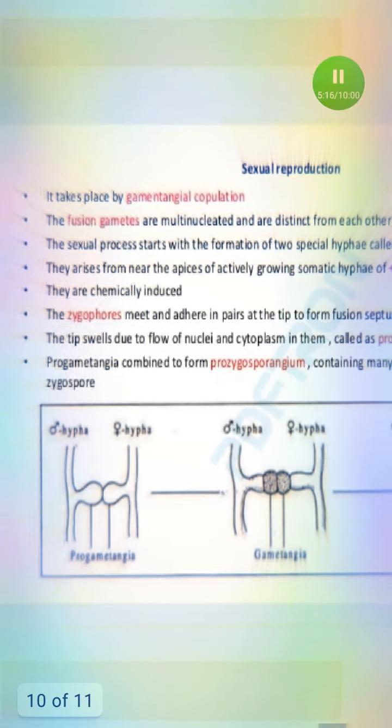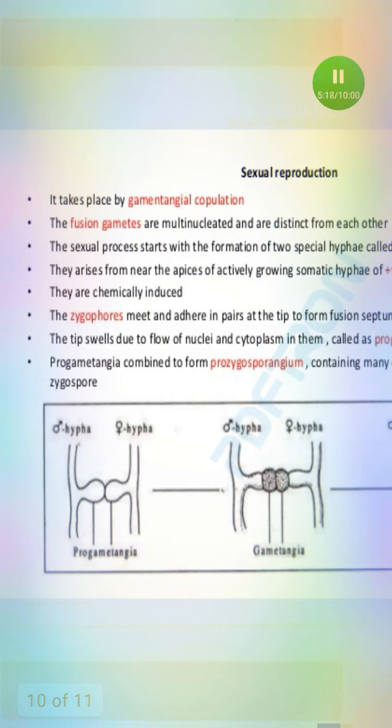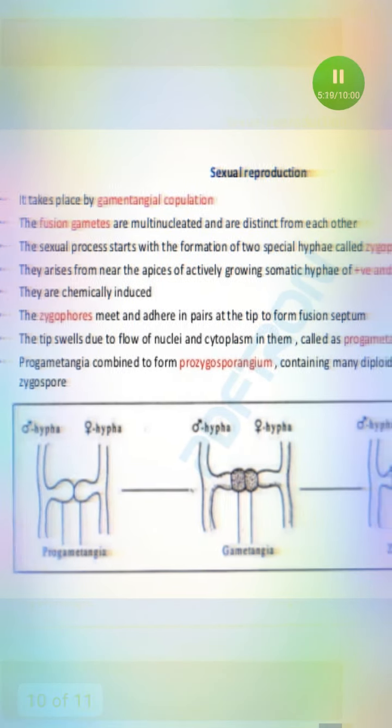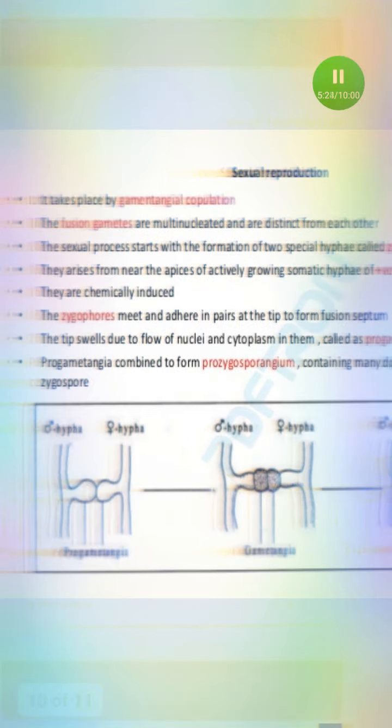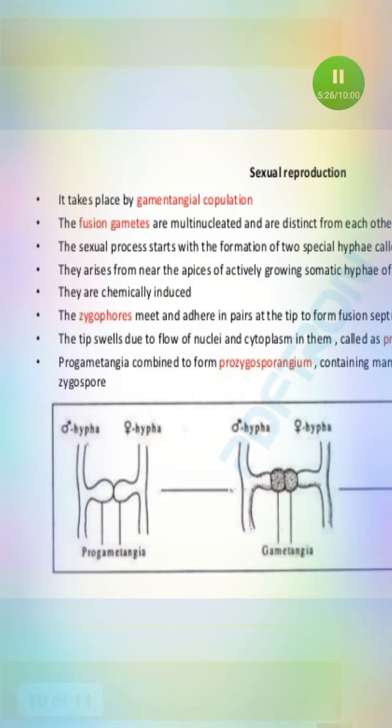Sexual reproduction. It takes place by gametangial copulation. The hyphae are multicellular and are distinct from each other. The sexual process starts with the formation of two special hyphae called zygophores.